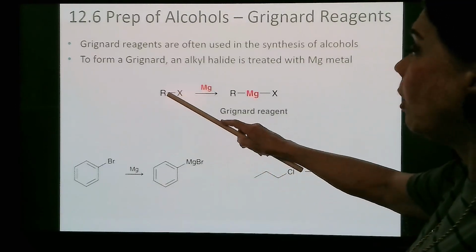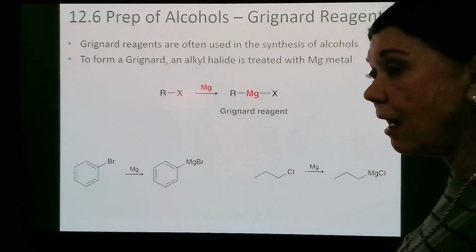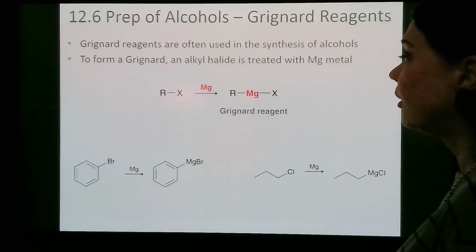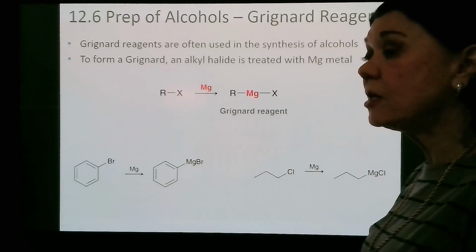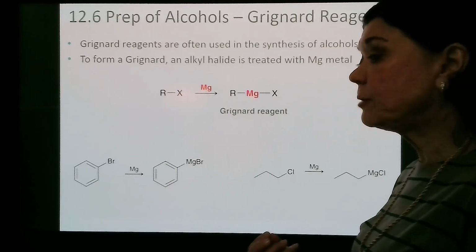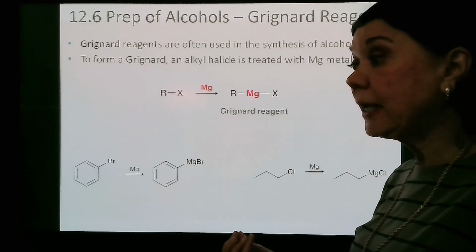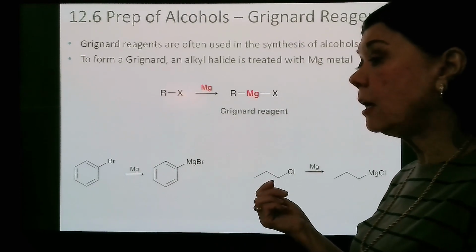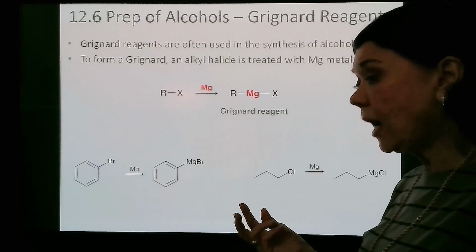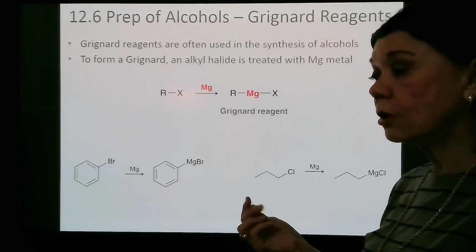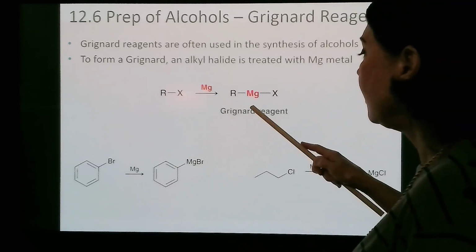So the first step, you go back to the alkyl halides, which we're very familiar with now, and you use magnesium. This is just magnesium metal. It's what's called magnesium turnings, larger grains of magnesium.